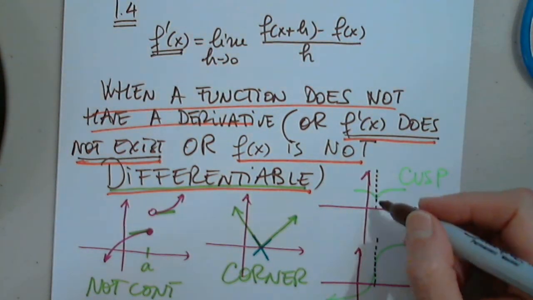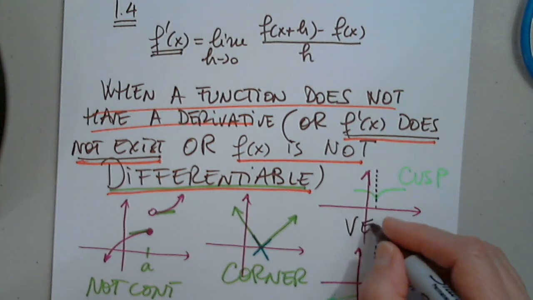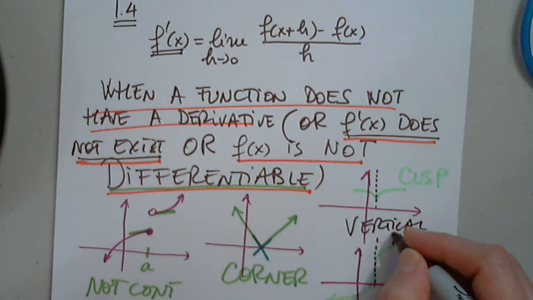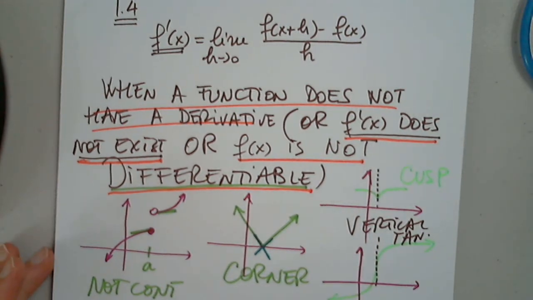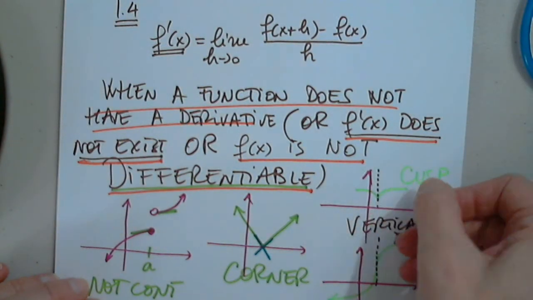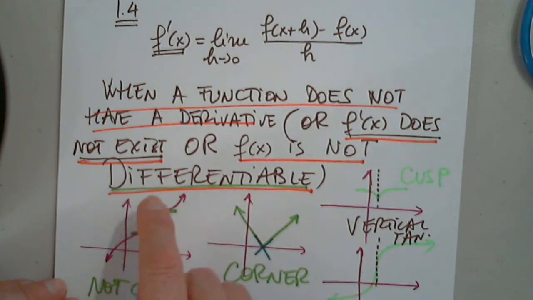Only at this point is it not differentiable. It's differentiable everywhere else. So this is called a vertical tangent. So we will be able to find the rate of change of this function anywhere else except here, anywhere else except at this corner, anywhere else except at a.